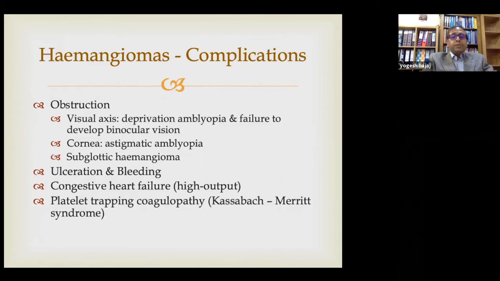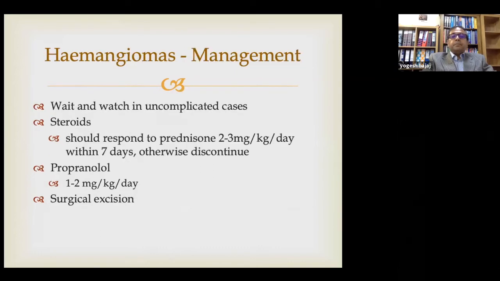They can also, if they're big and in their proliferative phase, lead to bleeding, ulceration, and as I said, in rare conditions can lead to congestive heart failure or coagulopathies. So you have to manage them depending on the individual child and the location and the size of the hemangioma.